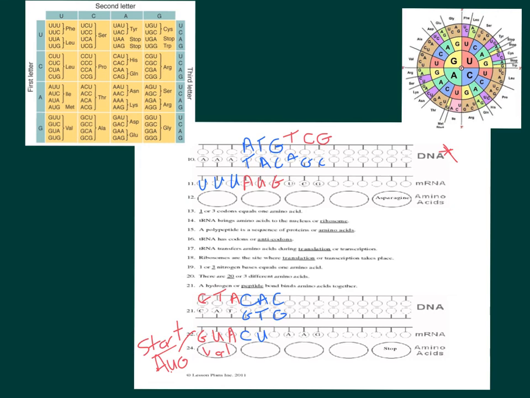I'm sorry, not U. My bad. CUC. And now let's find that CUC. C is the first one, U is the second one, and C is the third. CUC is leucine, LEU.